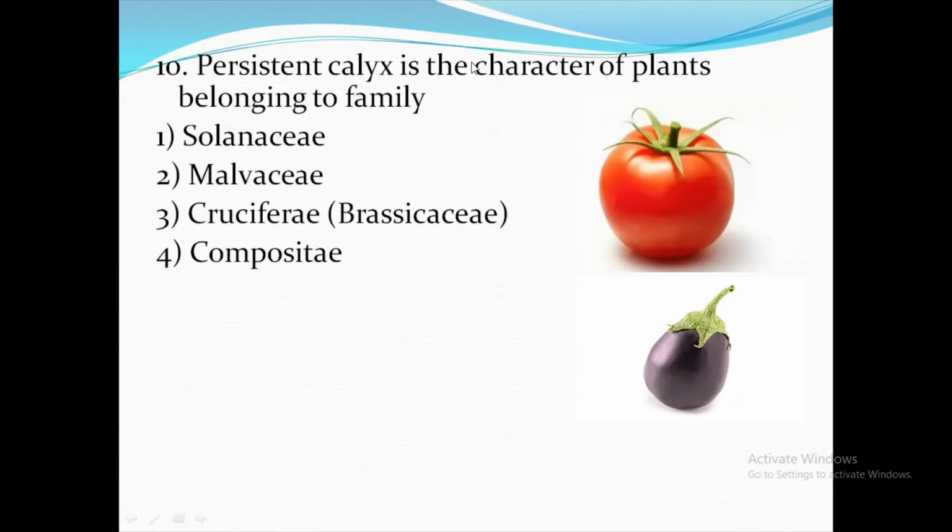Now persistent calyx is the character of plants belonging to family... Before that you should know what a persistent calyx is. Normally once the fruit is formed, most of the other floral parts such as calyx, corolla, androecium, they all fall off. But sometimes even after fruit formation, calyx remains with the fruit.